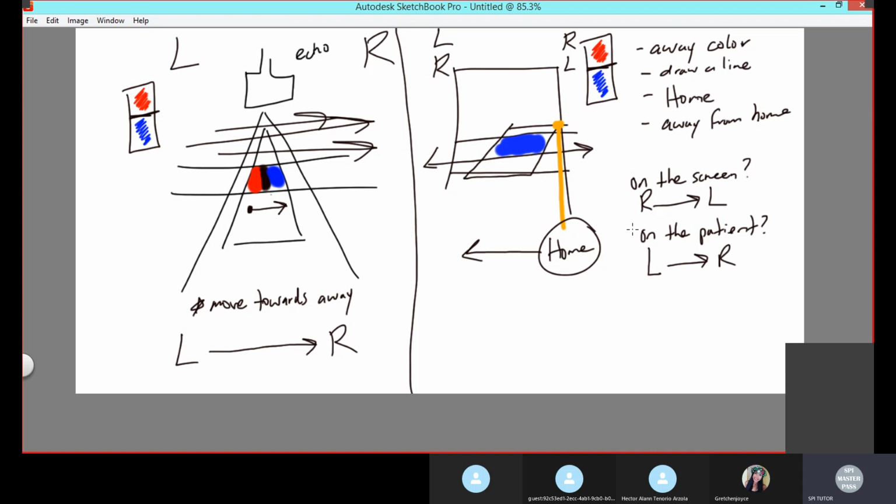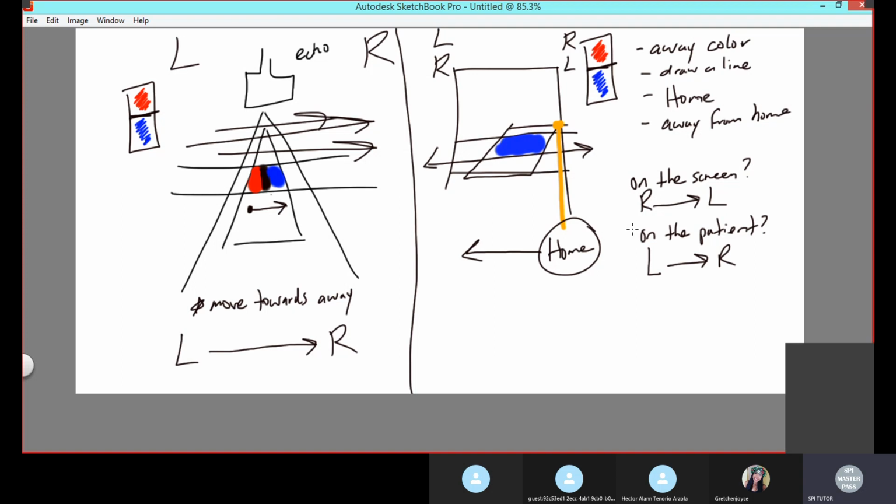So for me, if I was taking the exam and they give me no indication, I would say, well, my safest bet is to assume that I'm just scanning with a linear. And my left side is actually the right side of the patient. So that's how I would handle it. But I would hope that they tell you, what is the direction of flow on the patient? And it might be something so subtle that you could read over it very quickly, and miss that they're telling you it's on the patient or it's on the screen. Okay.